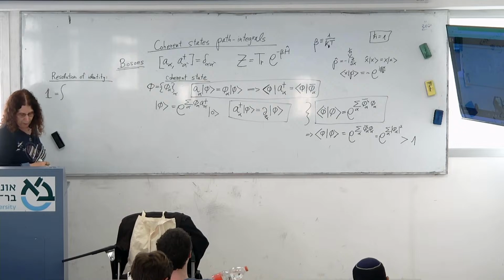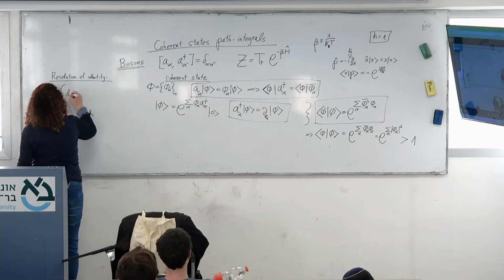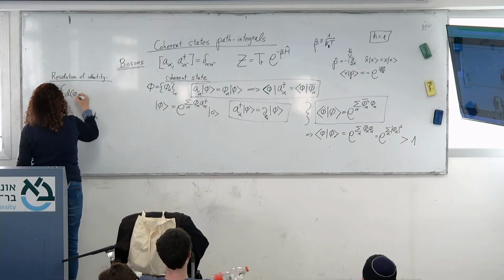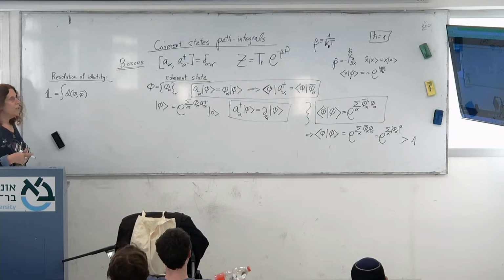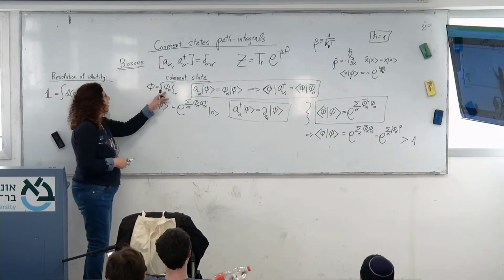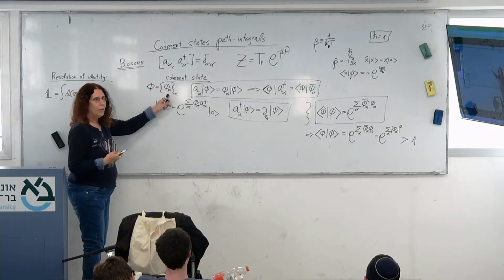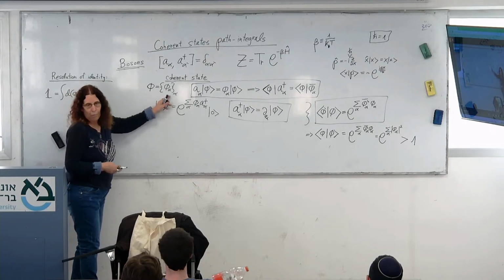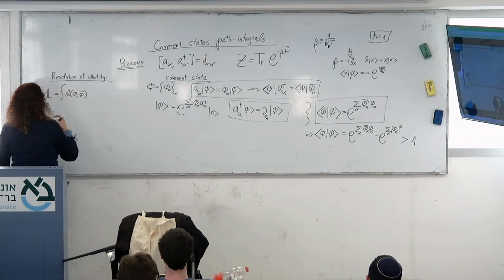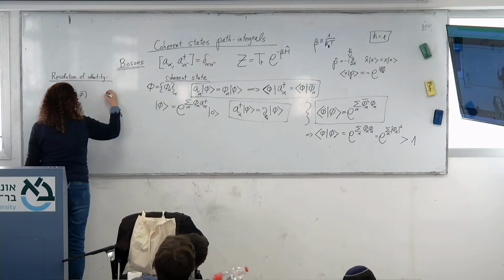First, let me write a differential. I will define it in a minute. This is an integral over all the possible phi's, where each phi, I remind you, is in fact a set of complex numbers. It's not just one number, it's a set of complex numbers, maybe even an infinite set, there's no limit.